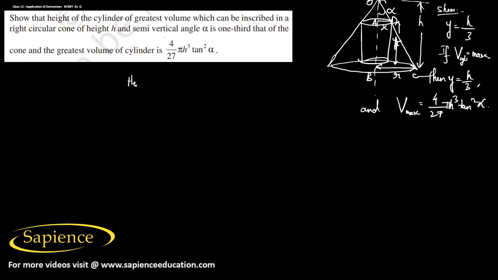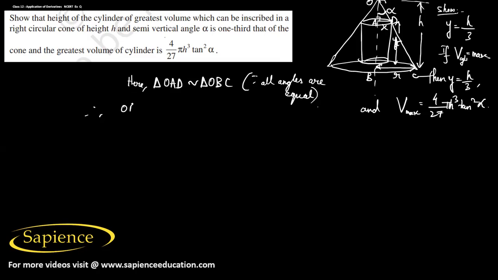So then here we can say that the triangle OAD is similar to the triangle OBC. Since alpha is the common angle, and both of these angles are right angles, all the angles of these two triangles are the same, so these two are similar. Therefore, their corresponding sides will be proportional.